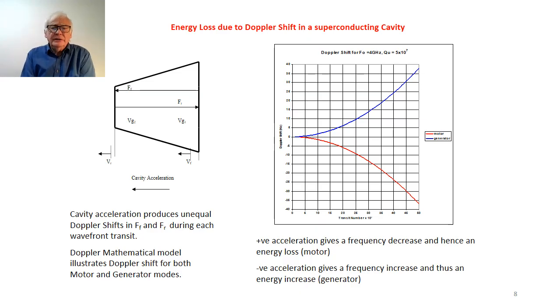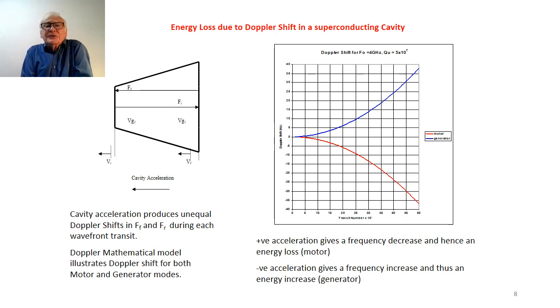And you can see that for a positive acceleration, which is the red line, as the number of transits of the electromagnetic wave up and down the cavity increases, so the actual Doppler shift increases, but in a negative way.